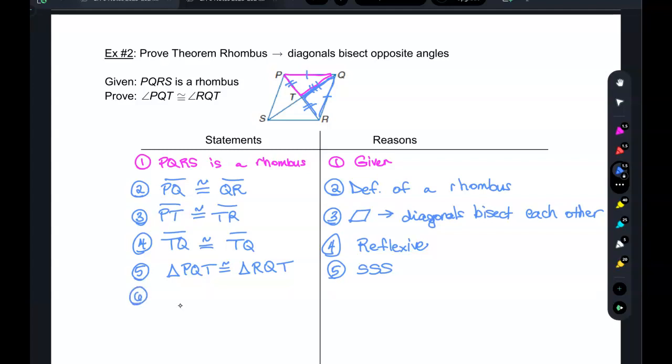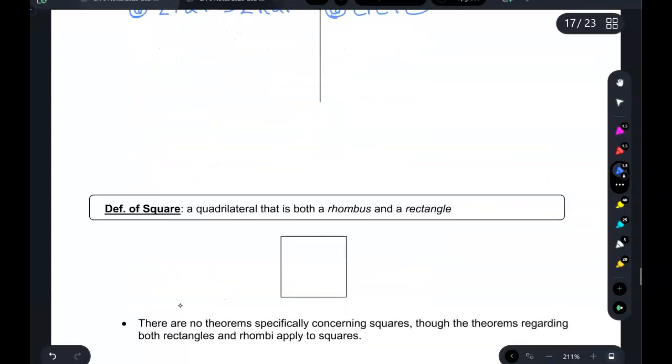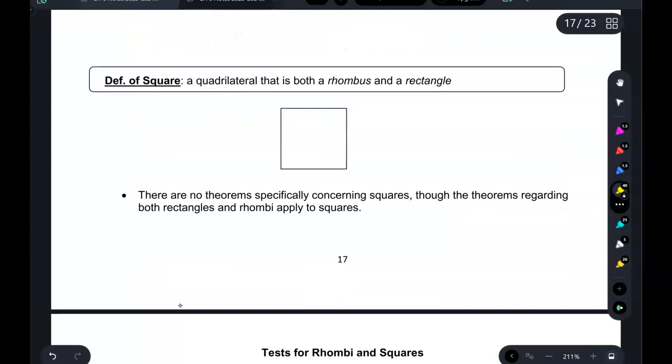And so we can now say these two angles up here, angle PQT, are congruent to RQT. Good, pretty straightforward. Like I said, I'm not going to have you prove a theorem, but you might be able to apply it.